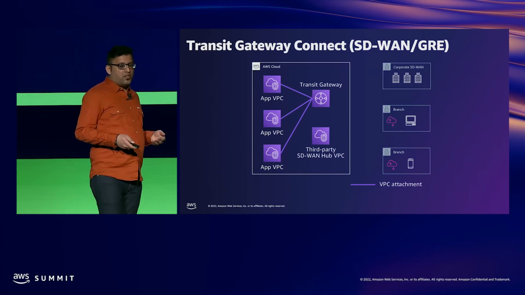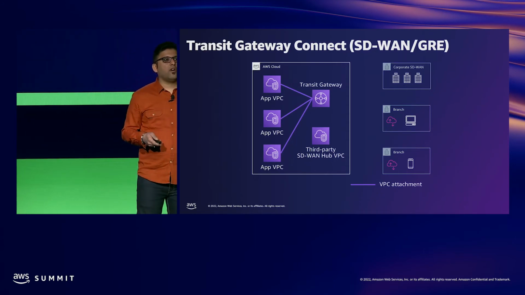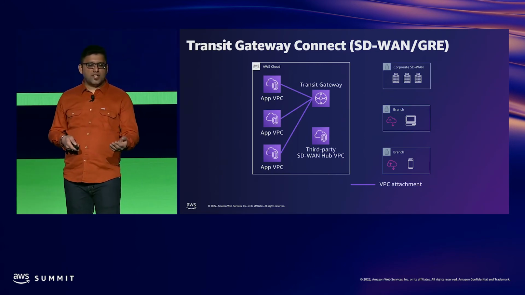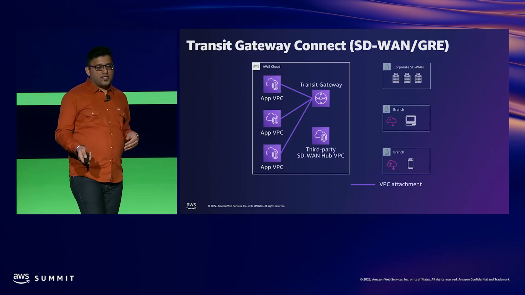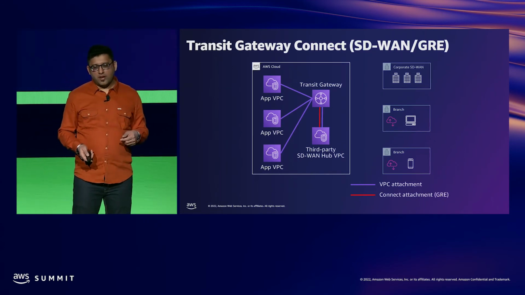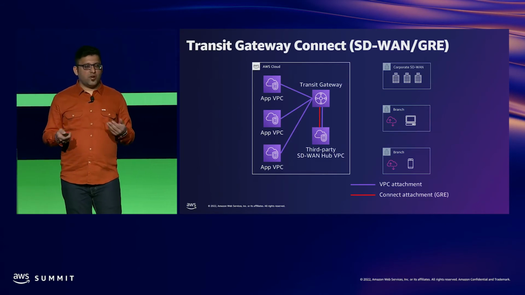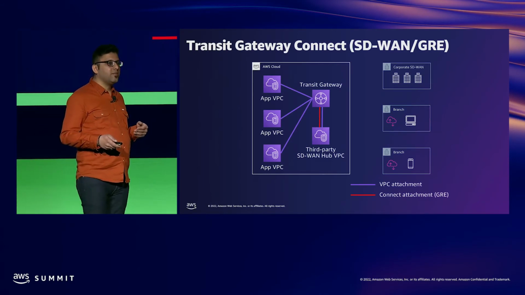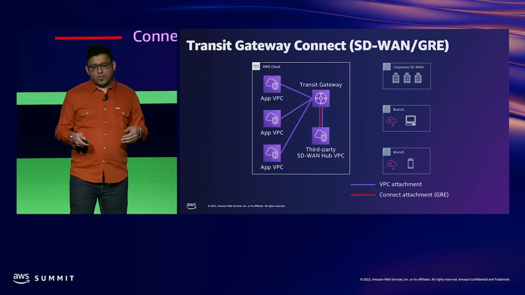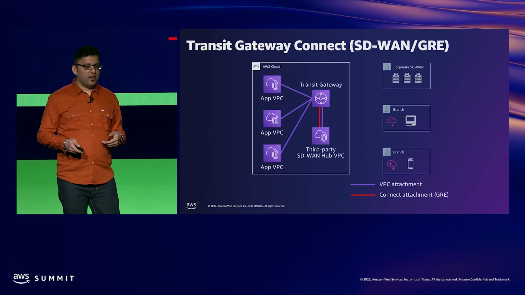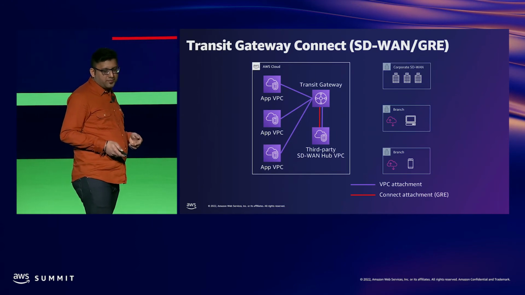With the launch of Transit Gateway Connect, you can now natively integrate your SD-WAN appliances that sit within the third-party SD-WAN hub VPC, as shown in the diagram here, and connect them as a native attachment, which we call a Connect attachment, which is nothing but a GRE attachment that runs between the transit gateway and the third-party hub appliance here.